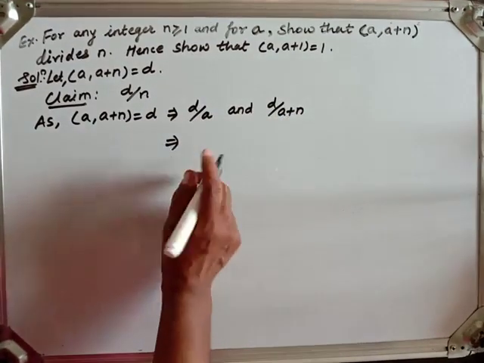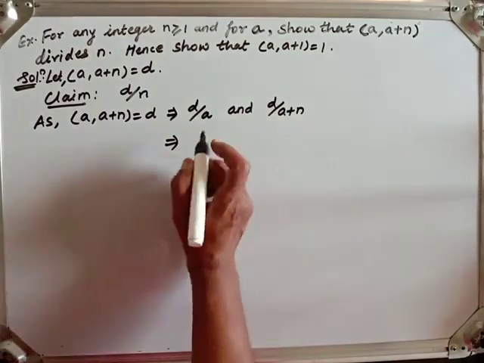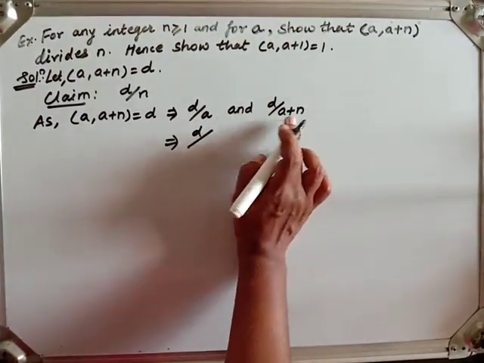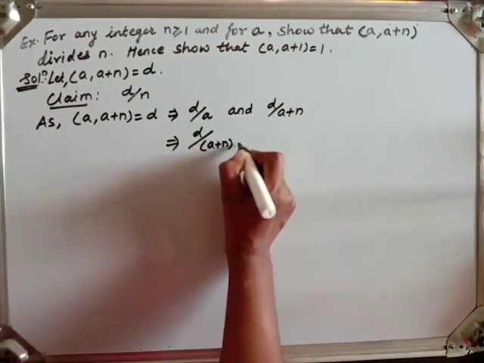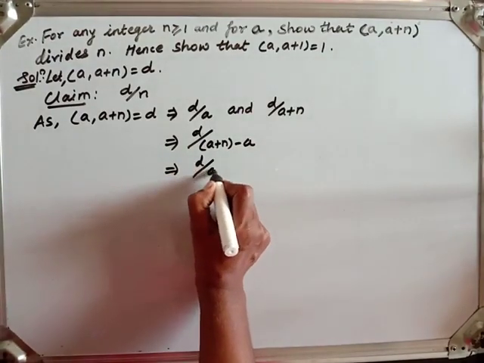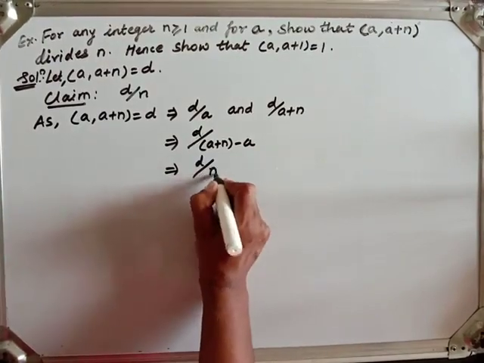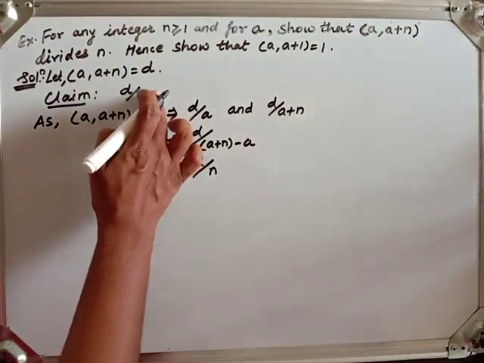So now as d divides a plus n, we know the property of divisibility that d divides the addition or subtraction of these. So d divides a plus n minus a also. That is the same as d divides n. So this is our claim.